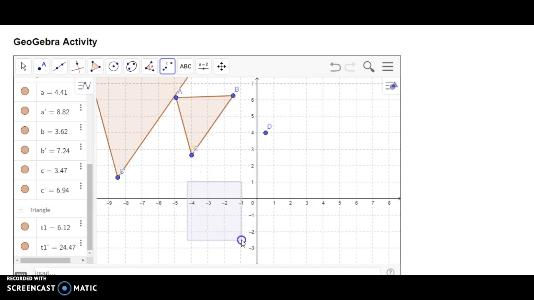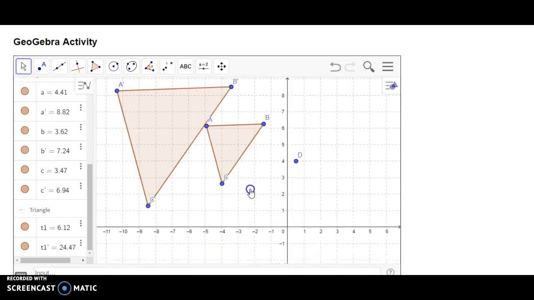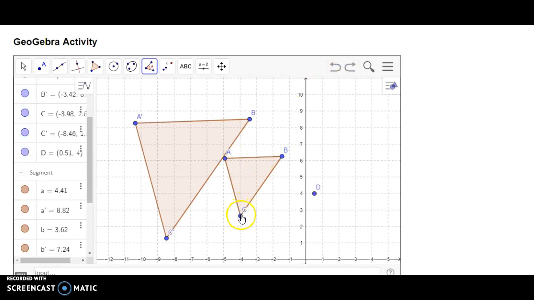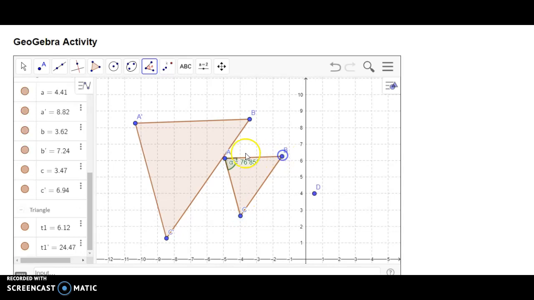And so now, oops. Let's look here. Okay, so when we dilate, it should keep all the angles the same, but we need to show that. So you always want to be moving counterclockwise when you're measuring angles. So, oops, actually it's set for clockwise, my bad. Here we go. Alright, so we've measured those angles.